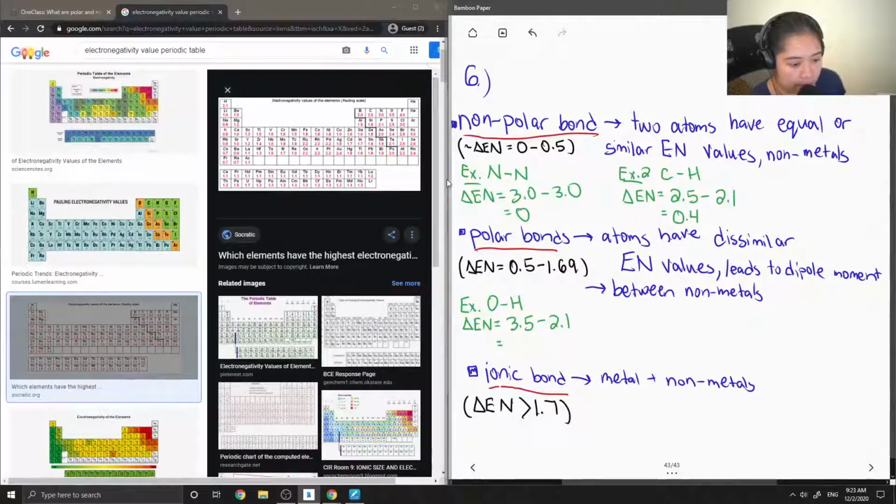If we were to calculate its difference, it would be 1.4. So therefore, the oxygen-hydrogen bond is polar.